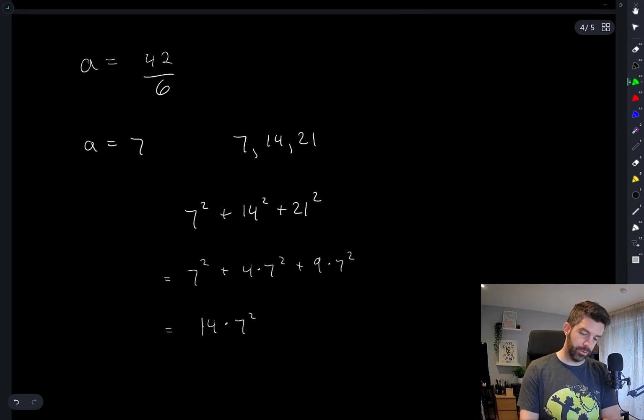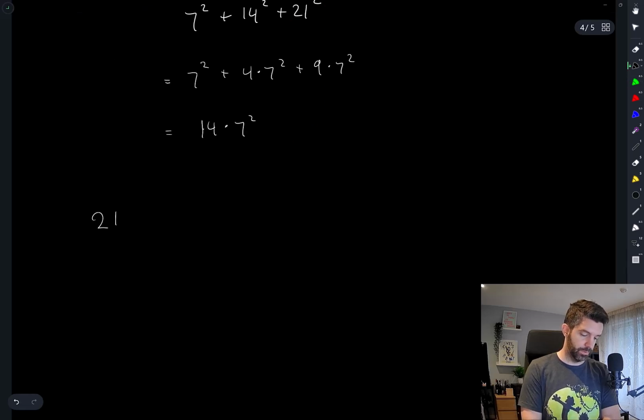So the only other third term in the sequence is 21. So 21 plus 10 is equal to 31. And that'll be my final answer.